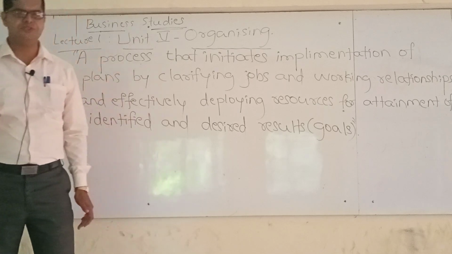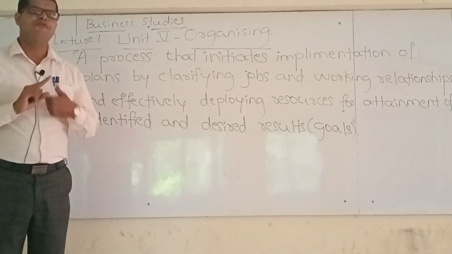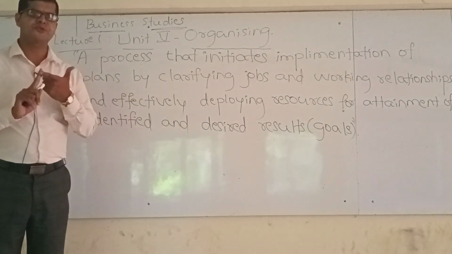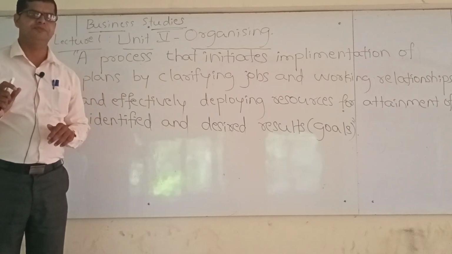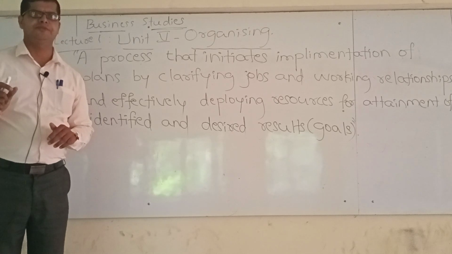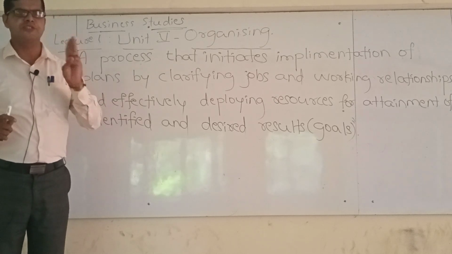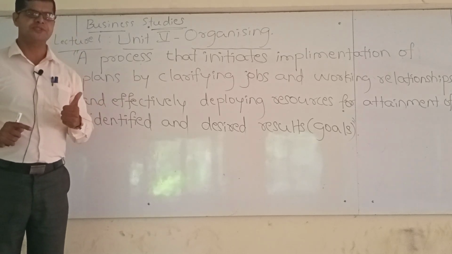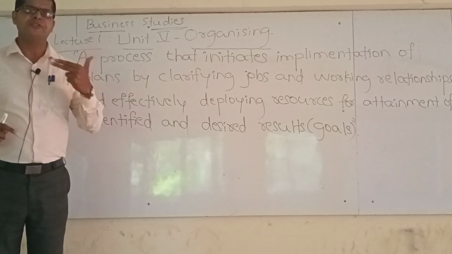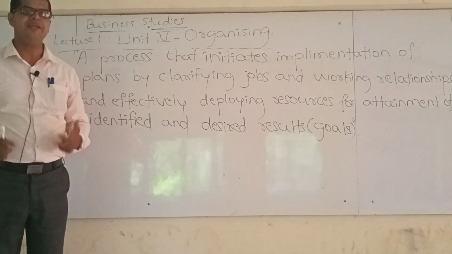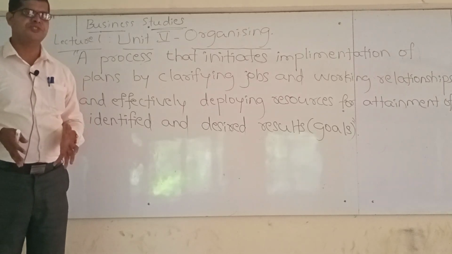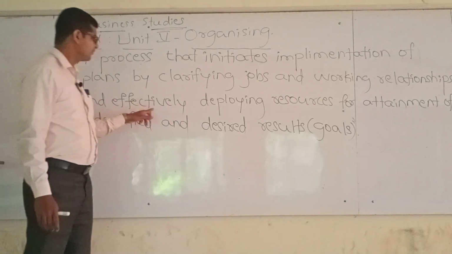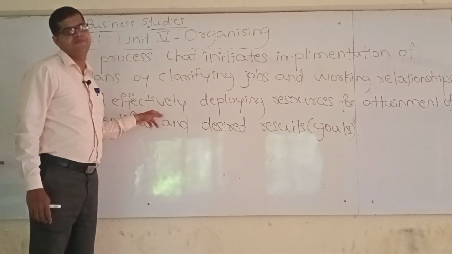So what are the resources? Available resources: physical resources, human resources, financial resources. Each organization has these three different resources. Okay, but the question is whether all these resources are utilized effectively or not.